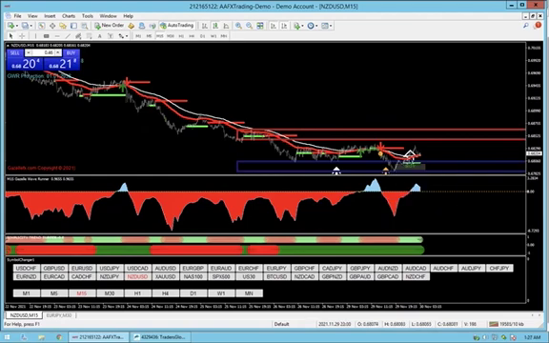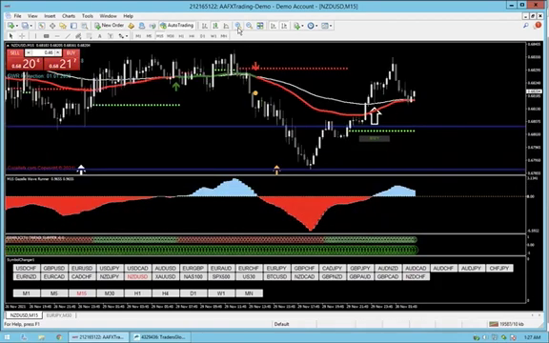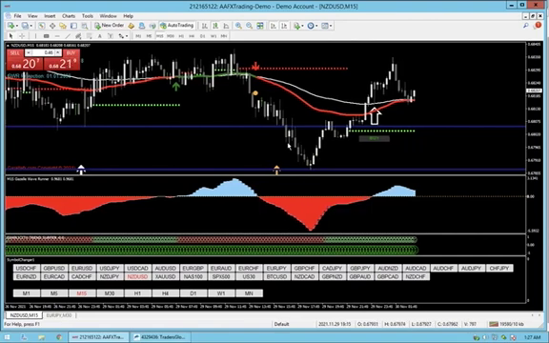Now it's rejecting. Now, for people who want to just do straight up price action, after this doji and this engulfing right here, this would be your entry candle.